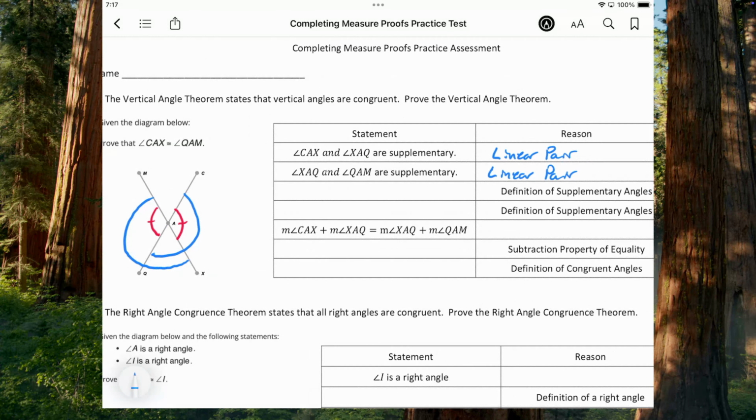Now we need to say that they sum to be 180 degrees. So the measure of angle CAX plus the measure of angle XAQ is equal to 180 degrees. Same thing with the other pair: the measure of XAQ plus the measure of angle QAM is equal to 180 degrees.